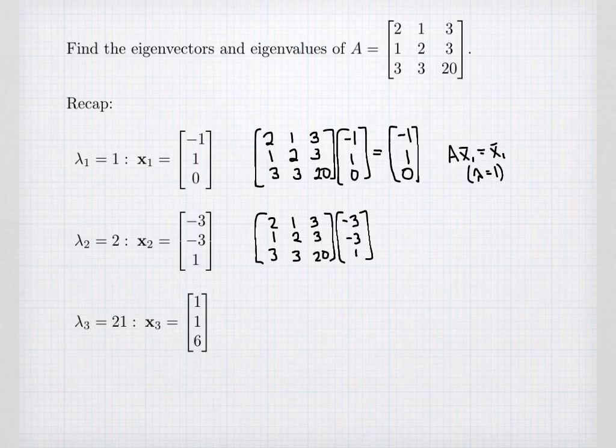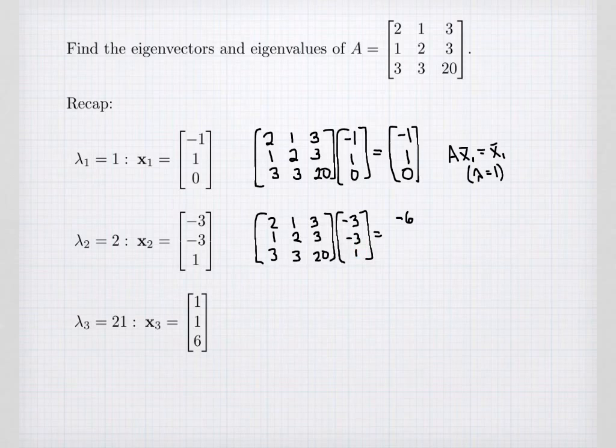Now I've set up the second example. If I take my matrix times my vector, negative 3, 1, I should get a multiple of that same vector. We start with our first row, and I'll get negative 6 minus 3, so we're at negative 9. Negative 9 plus 3 gives me negative 6. We go along the second row, 1, 2, 3. So negative 3 minus 6, that gives me negative 9 plus 3.